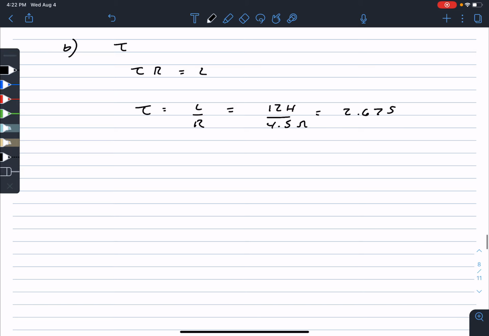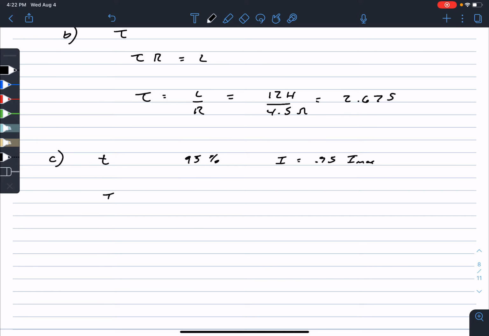Then we're asked to find the time it took for the current to get to 95% of the maximum current. So we would say I is going to be 0.95 times I max.